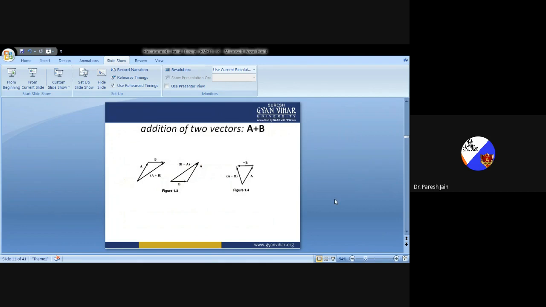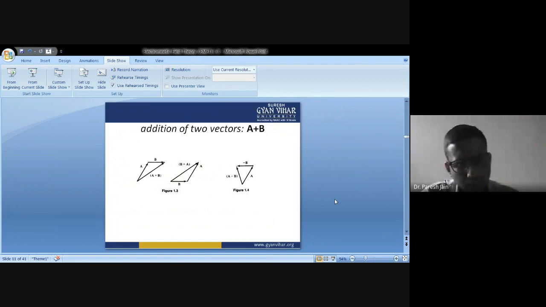This figure shows the addition of two vectors: figure 1.3 shows A plus B, and figure 1.4 shows A minus B, because it is in the opposite direction, or the magnitude of the vector B is negative.